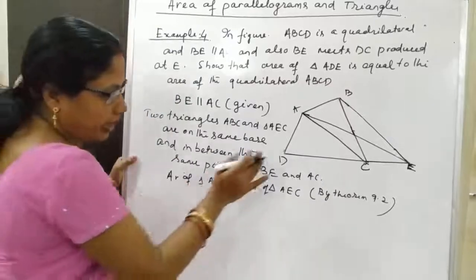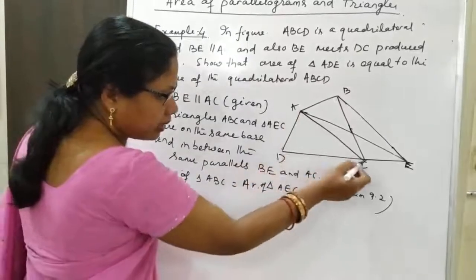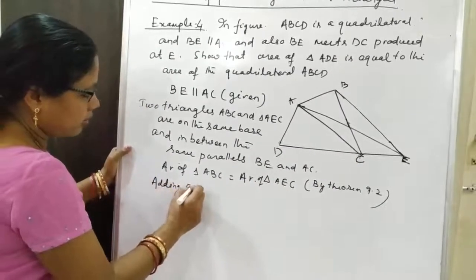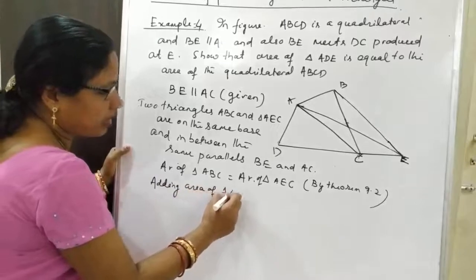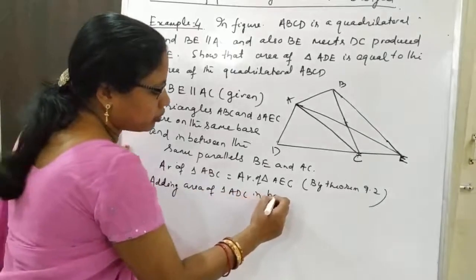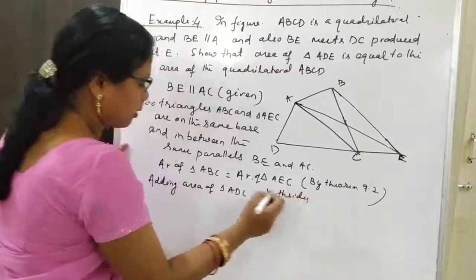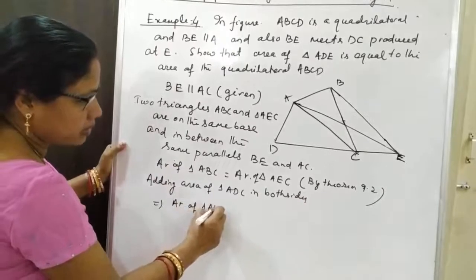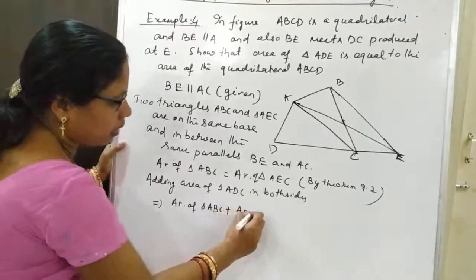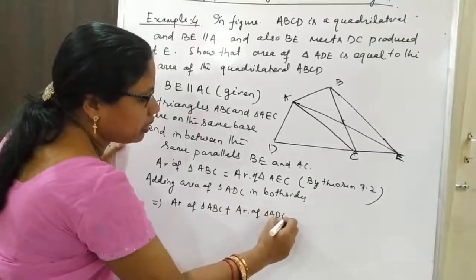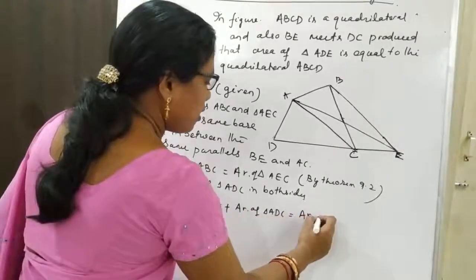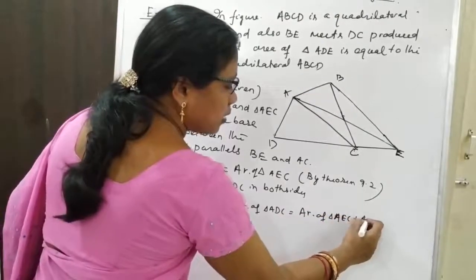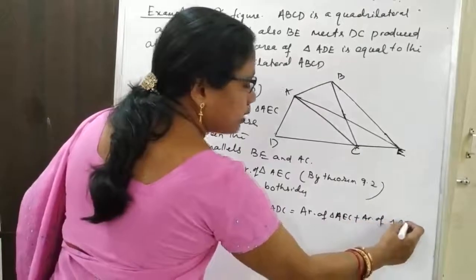So if we add the area of triangle ADC to both sides, this implies area of triangle ABC plus area of triangle ADC is equal to area of triangle AEC plus area of triangle ADC.